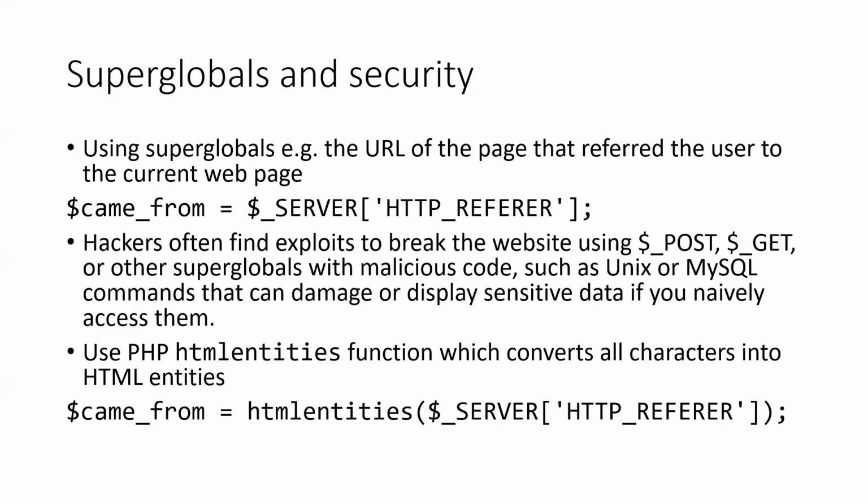Normally hackers can use, especially when we use get and post methods, other super globals with some malicious code, right? So you can damage. So whenever you want to do that, we can use the PHP HTML entities function, which will convert all the characters into what we call HTML entities, which makes sure that there are no malicious codes inside. So whenever you access those, make sure that you use HTML entities.